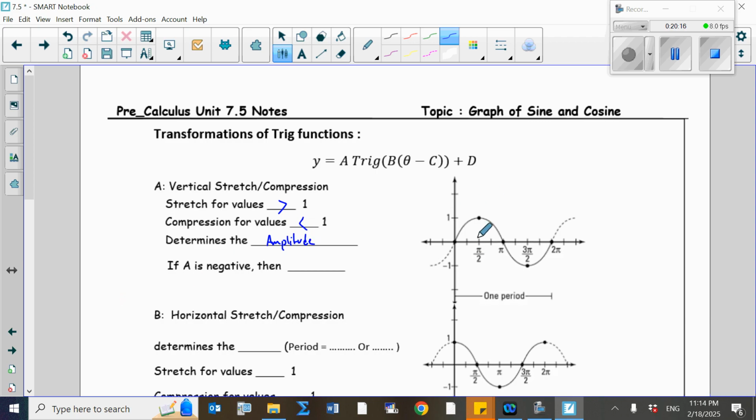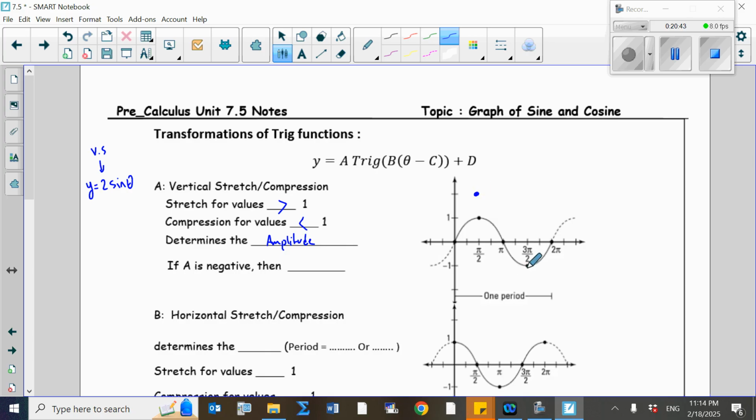So for example, here, this is the parent sine function. If I have y equal to 2 times sine of theta, that means we're stretching the function by a factor of 2. So the amplitude, which was 1, now it's going to be 2. It's going to be here. This is going to be the highest point.